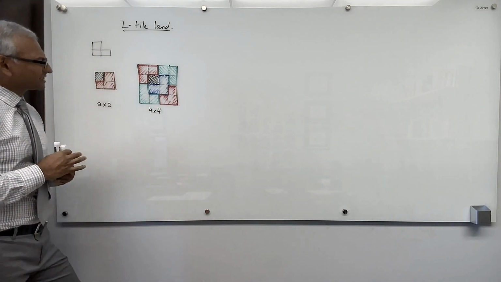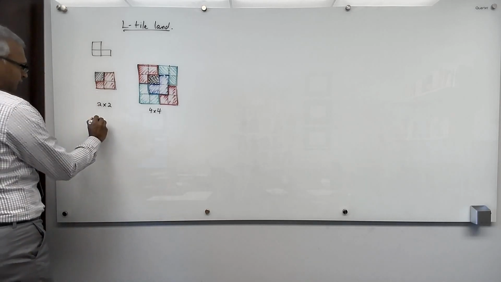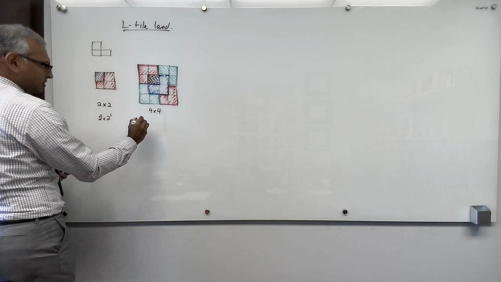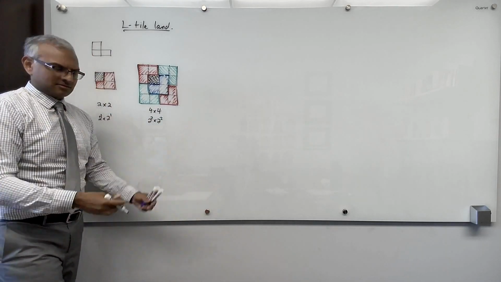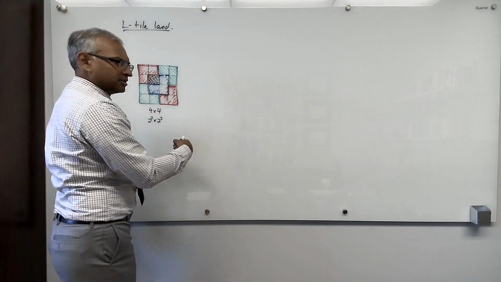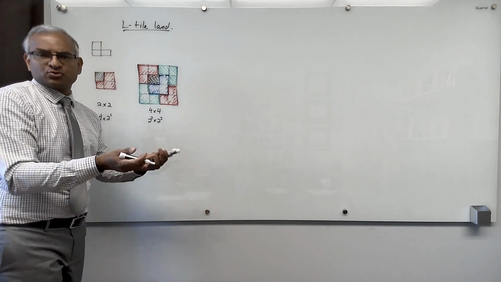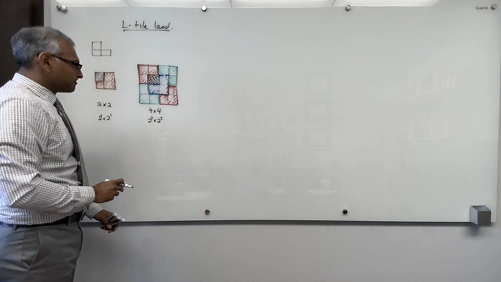And we can ask, can we do this for the 8x8 grid? You see the idea here. This is 2 to the 1 by 2 to the 1. This is 2 to the 2 by 2 to the 2. So the next grid in this progression. There are other grids we could ask about, but for the moment I'm looking at powers of 2.